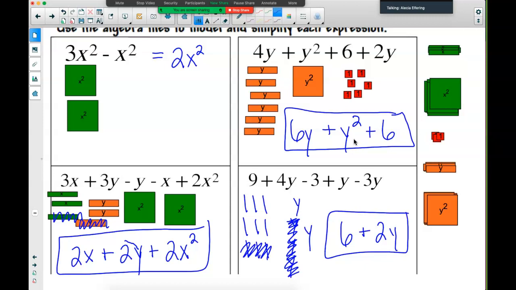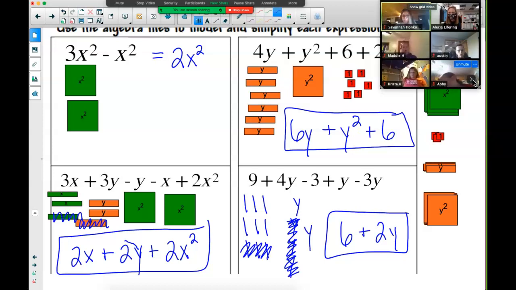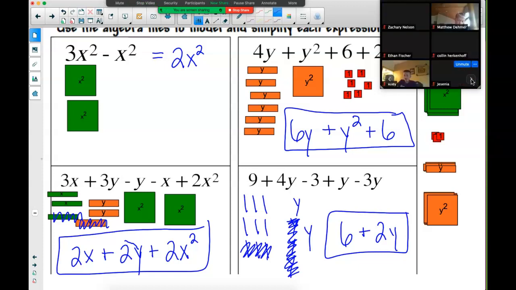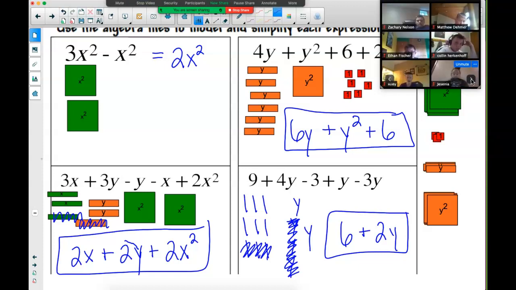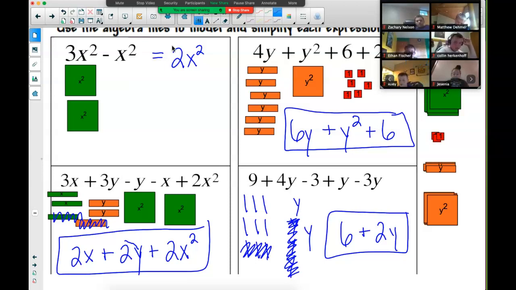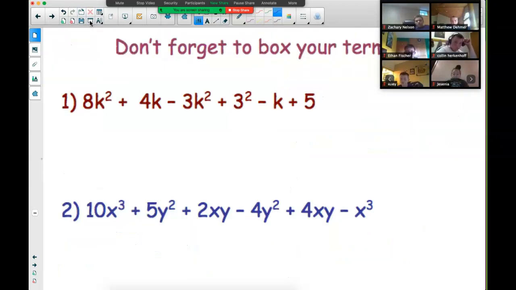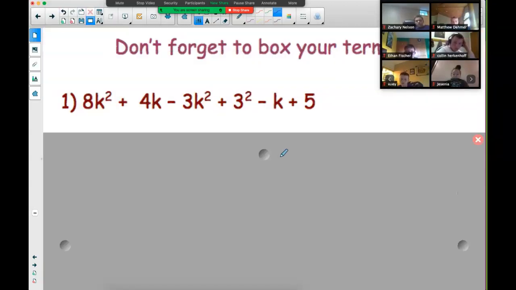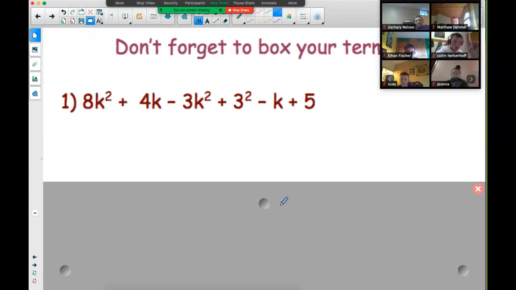Questions on that part? Those of you at home, any questions so far? No? Making sense? Some of you are saying yes, some of you are saying no. Okay, let's try one more, or maybe 2 more. I'm going to give everybody a second to write this one down.